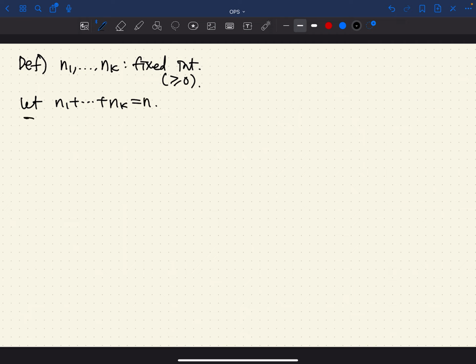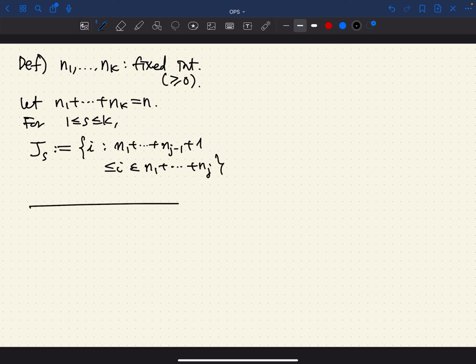And for s, J sub s is the set of all integers i such that... so this is a formal way to say that we have integers 1 up to n.